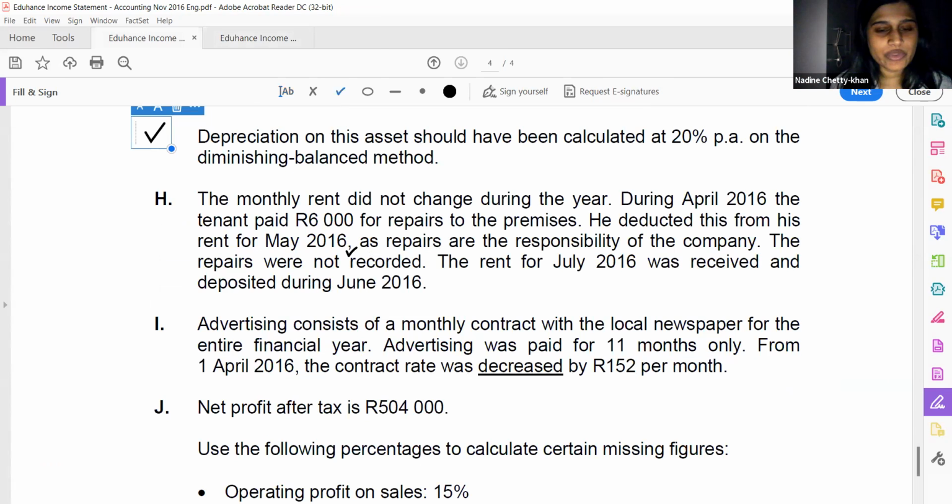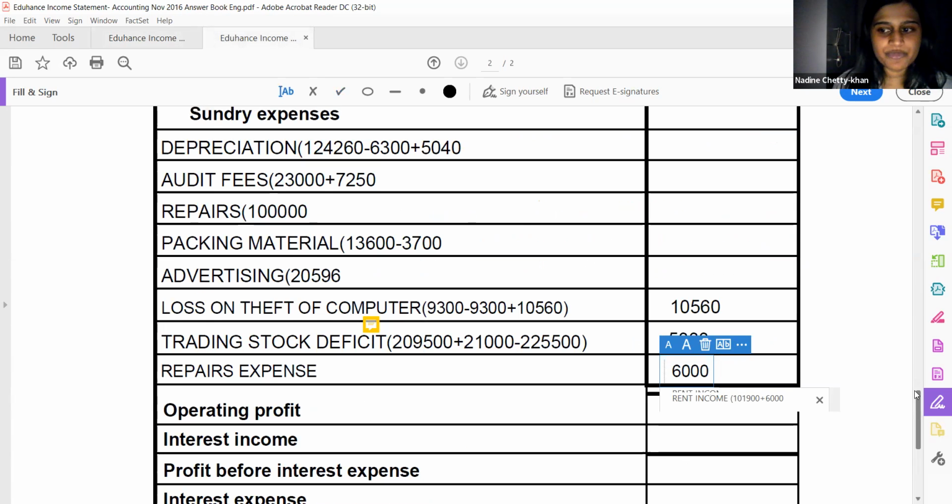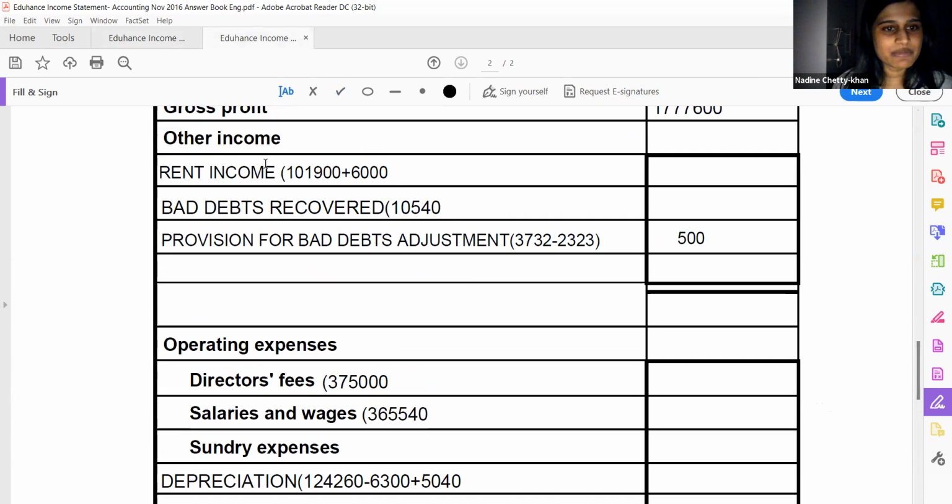Okay, so that was the first part. The second part is the rent for July 2016 was received and deposited. Oh no. So July 2016 falls outside our current year because our current year ends in June. So what does that mean? That this total rent income is for more than 12 months. Okay. So what is that income?